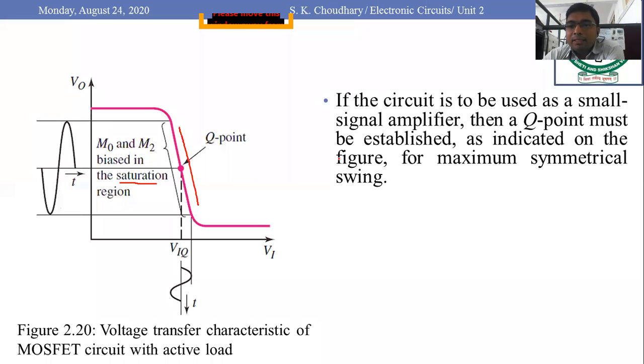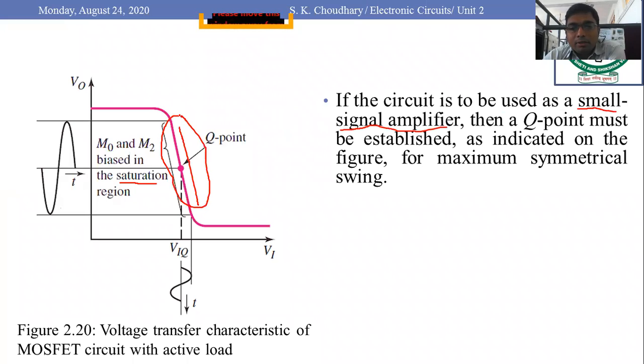If we consider our transistor circuit as a small signal amplifier, it is possible to act as a small signal amplifier when both M0 and M2 are biased in the saturation region. So in this region, M0 and M2 are both in saturation, so it is acting as an amplifier.